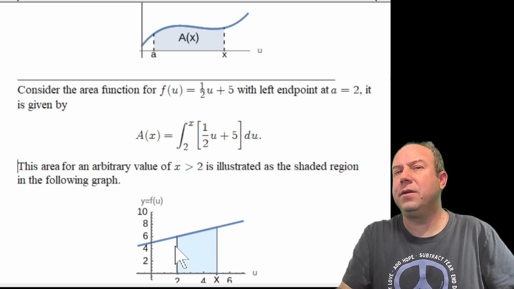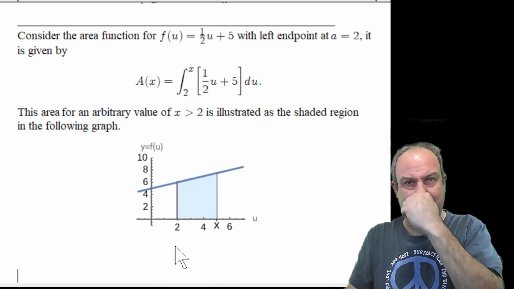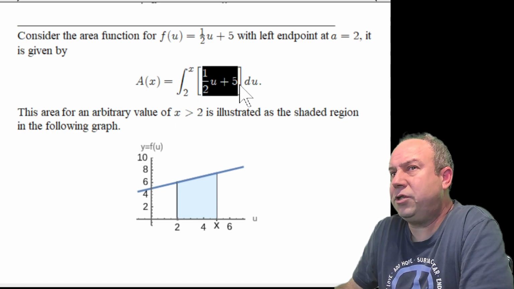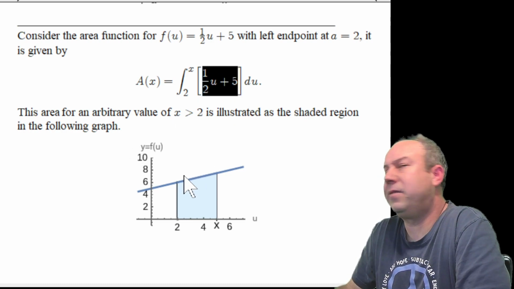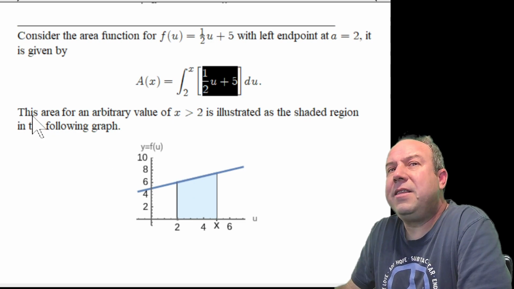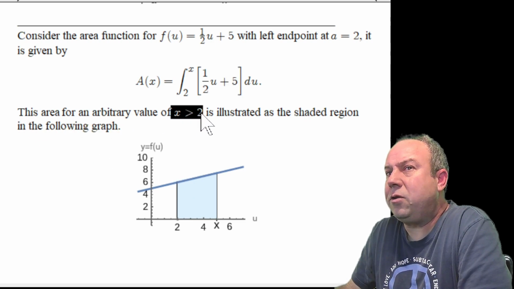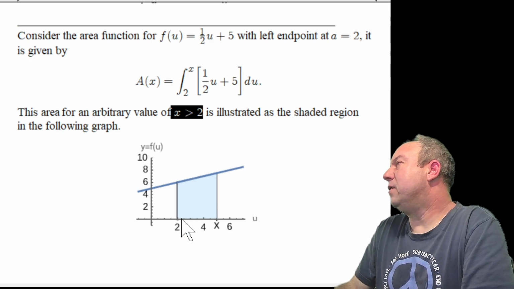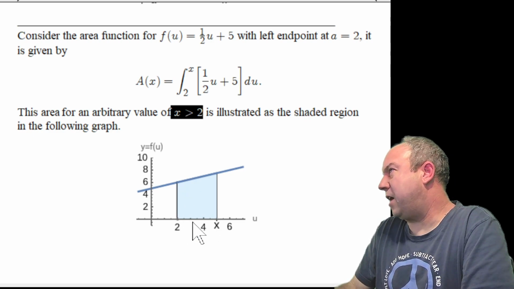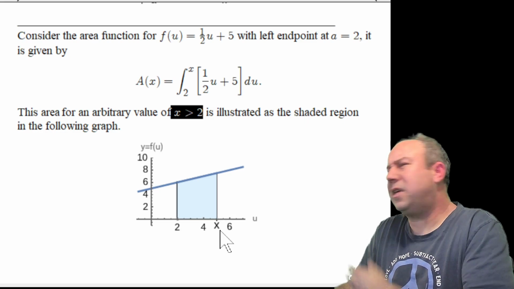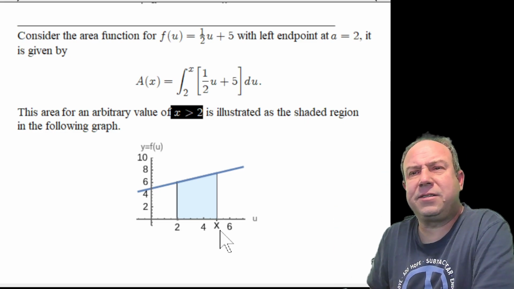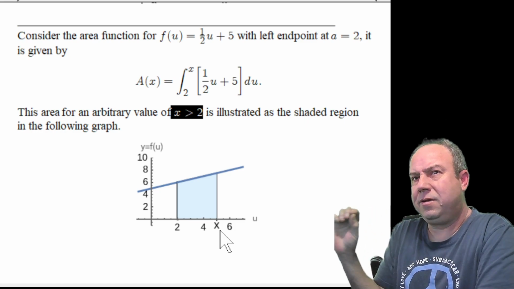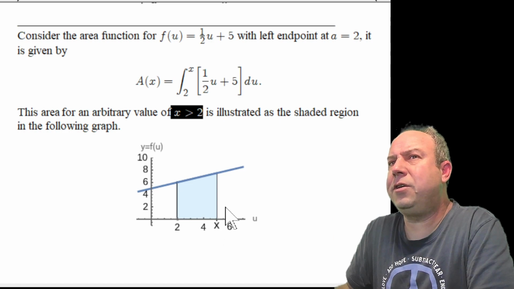Well, in this particular case, this is a linear function, 1/2 u plus 5. And this area for an arbitrary value of x greater than 2, you can see here we have the left boundary on this region is at 2, and the right boundary is at this arbitrary value of x. It's right around 5 in my illustration, but it can be anywhere, right, as long as it's greater than 2.